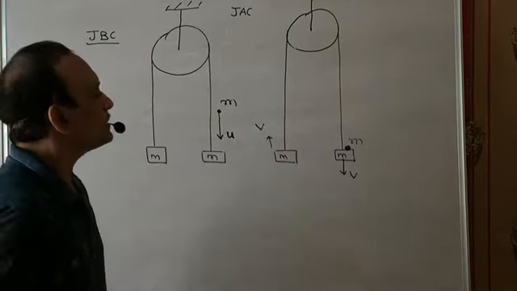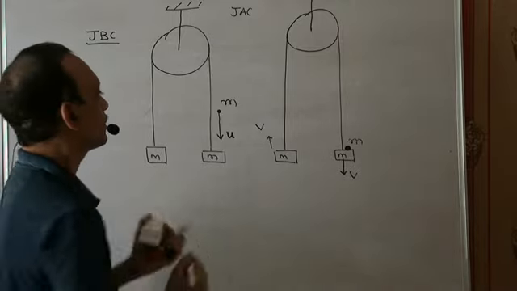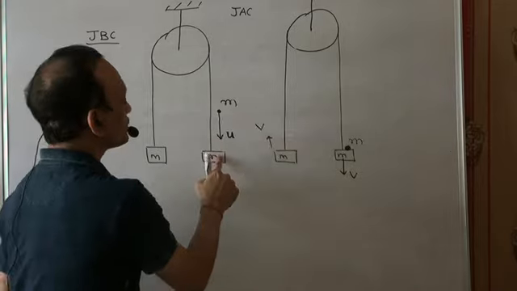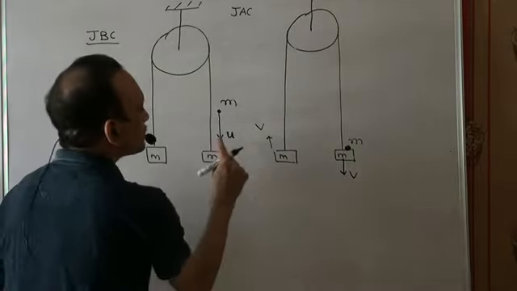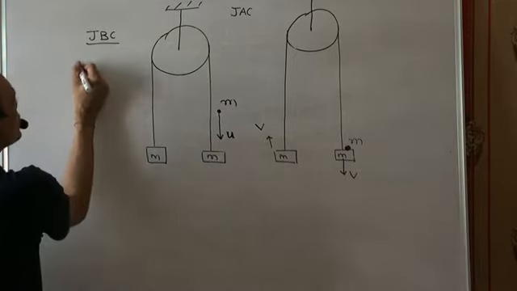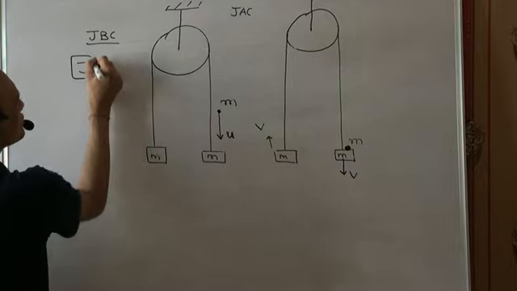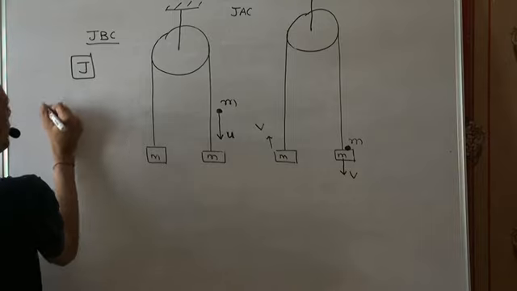Now, let me write down the impulse equations for this particle, for this block, and for this block, right? Let's say this particle and this block exert impulses of magnitude J on each other. So now let me look at this point particle m.